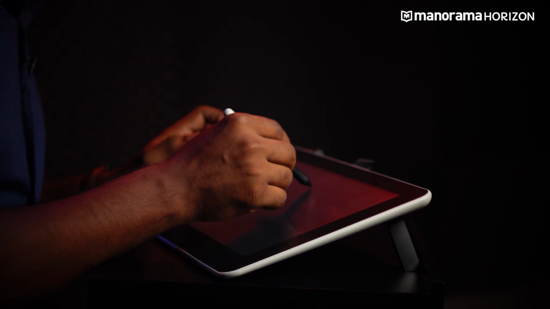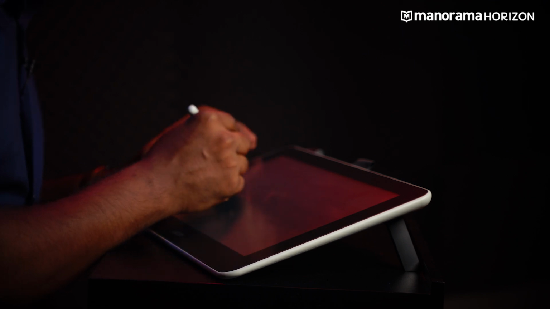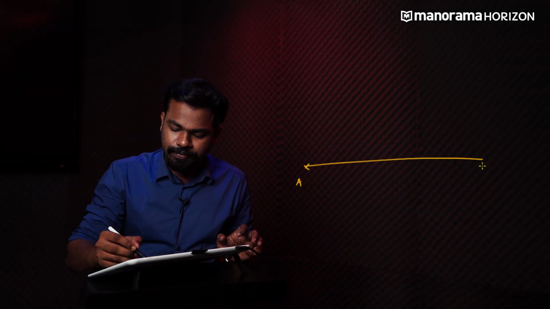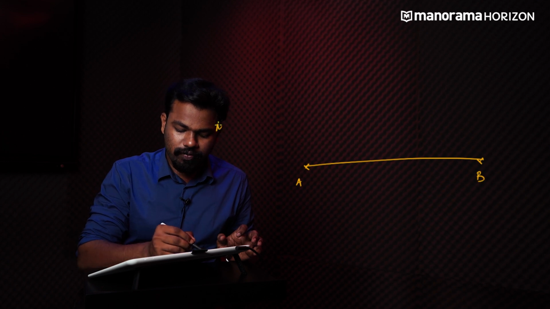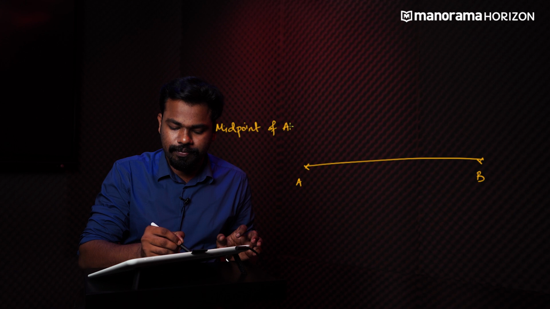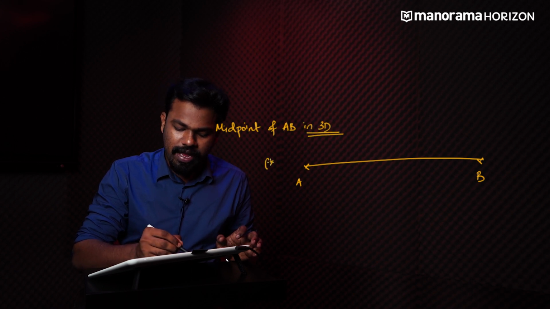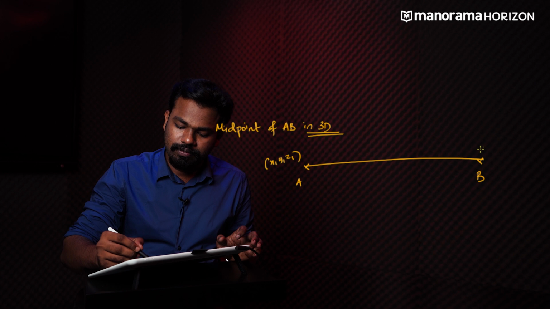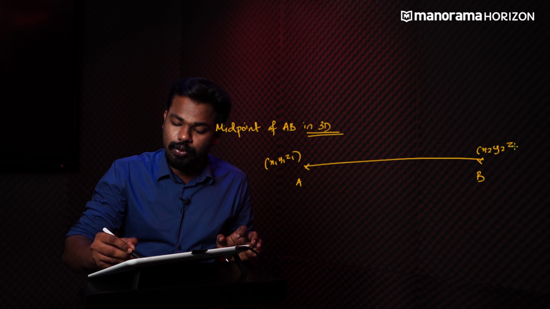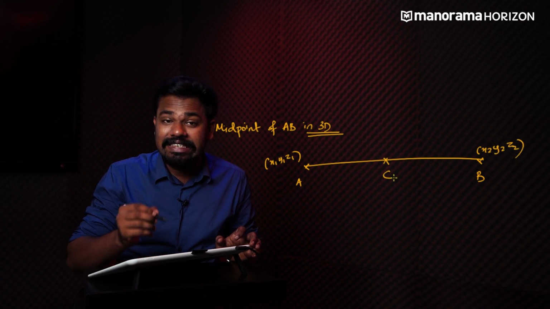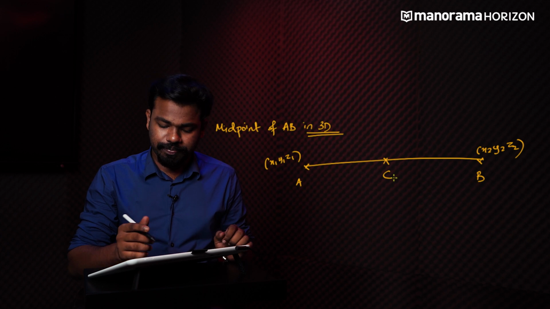Now this section formula, I can use that to find the midpoint also. Suppose you have 2 points A and B. So to find the midpoint of A and B in 3D geometry, suppose I have A as x1, y1, z1 and B as x2, y2, z2. What is the midpoint C of AB?